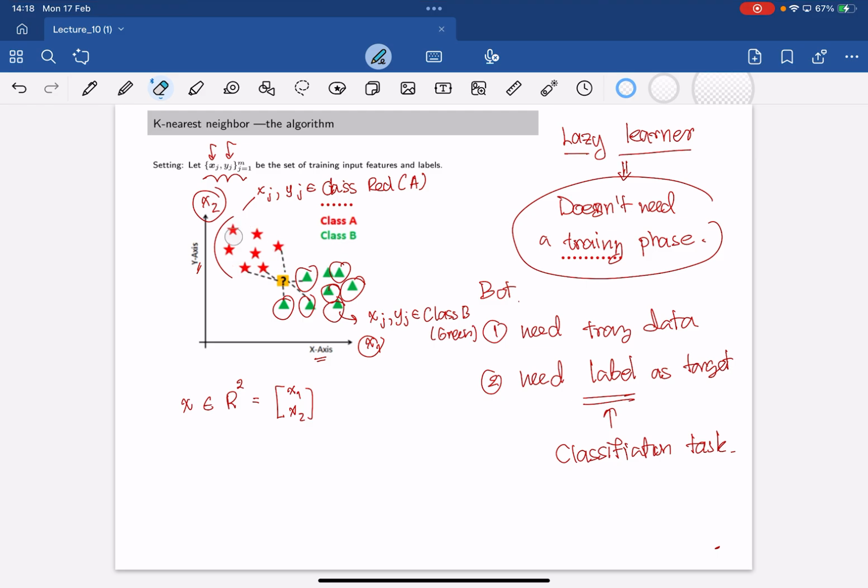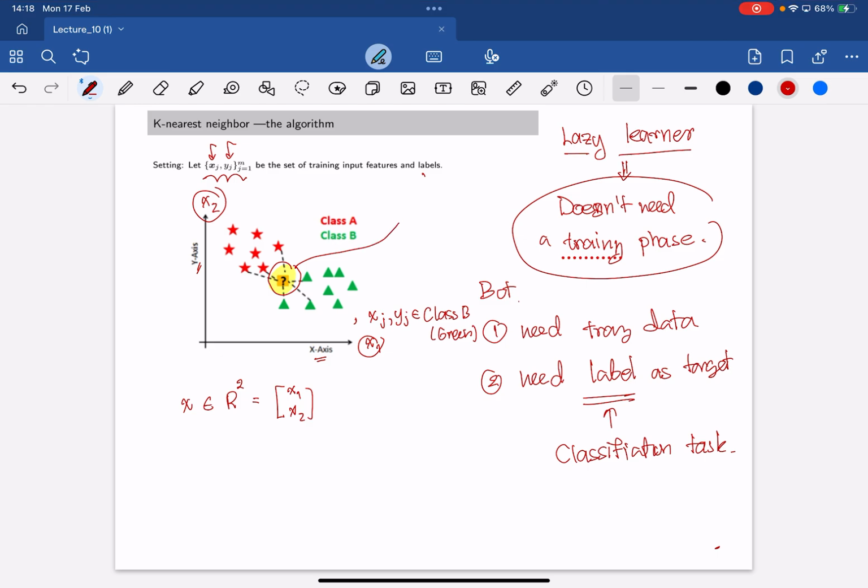And what k-nearest neighbor does is that it exploits this fact that if we have training samples with labels, we can throw in a testing point. When I say testing point, I simply mean that this point does not belong to the training samples. It's the testing data where we have only X, only the input features.